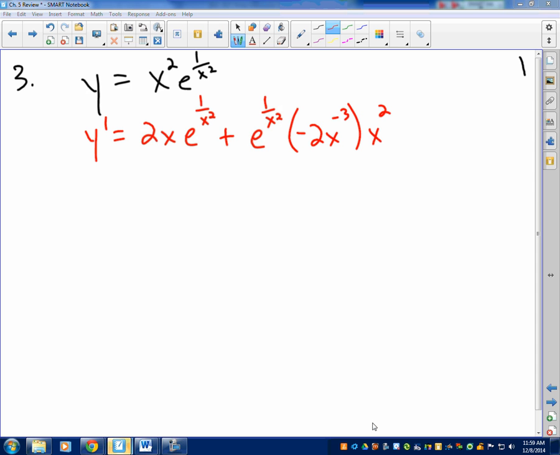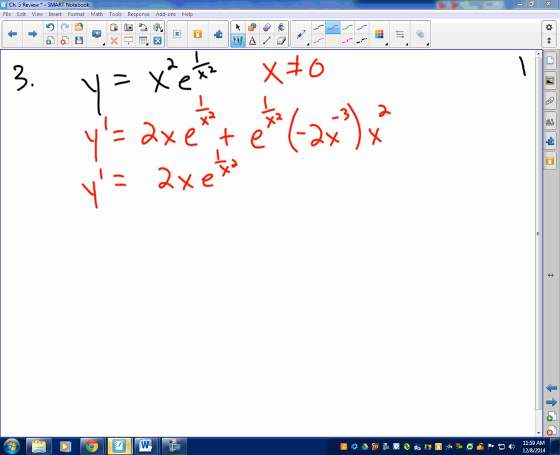Okay, now this is a case in which I think it's best to clean it up and even factor out a GCF before you go to do the second derivative. I think that's probably the way I would go about it. So y prime is equal to, let's clean this up first, 2x e to the 1 over x squared. By the way, x cannot equal 0, so as I go and do some canceling, I can go ahead and do that, assuming that x is not 0.